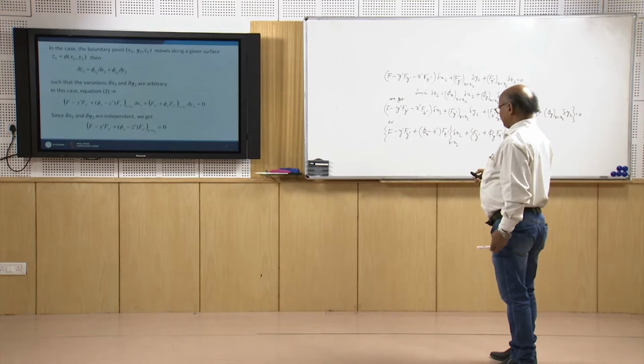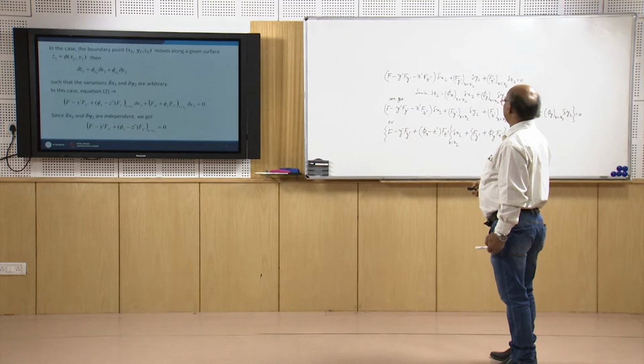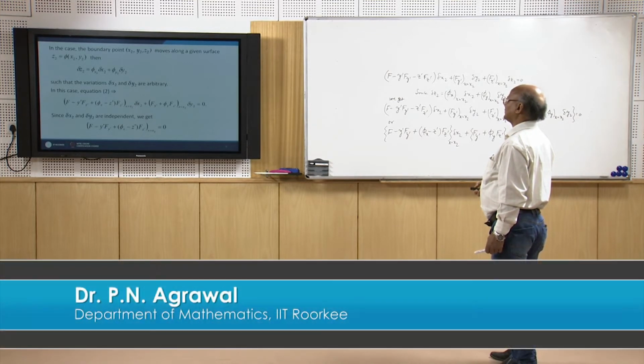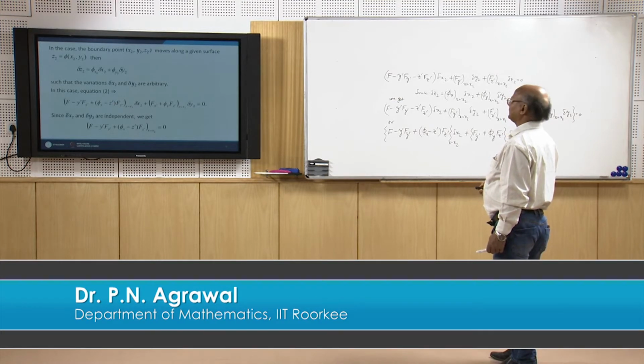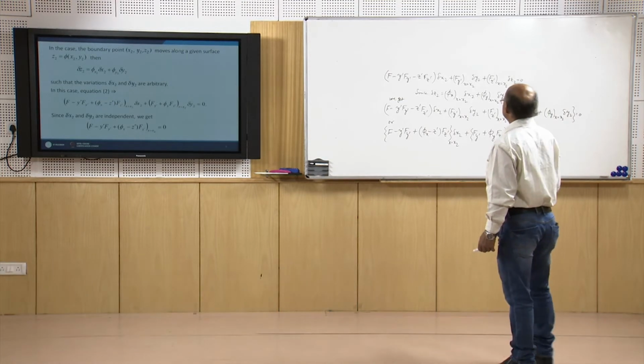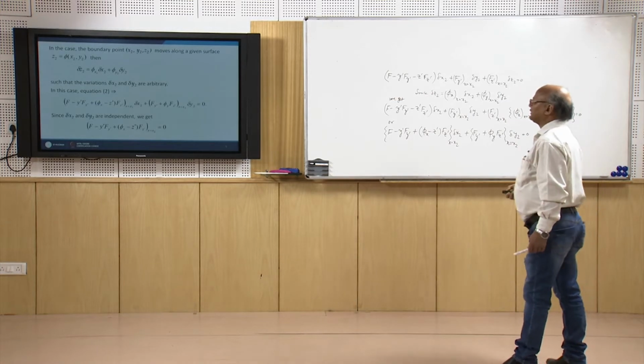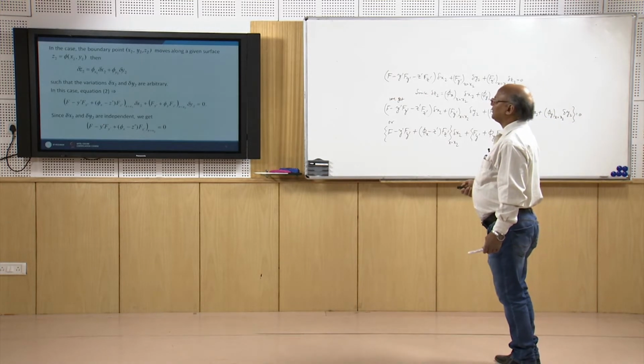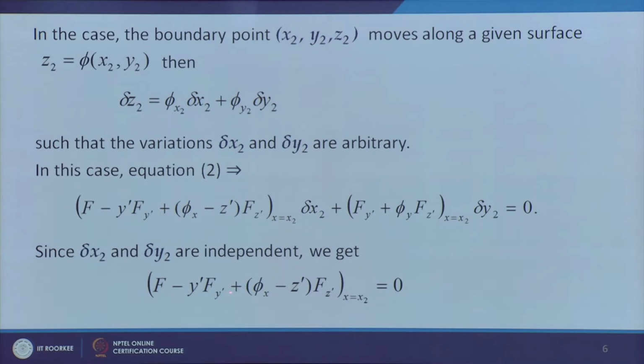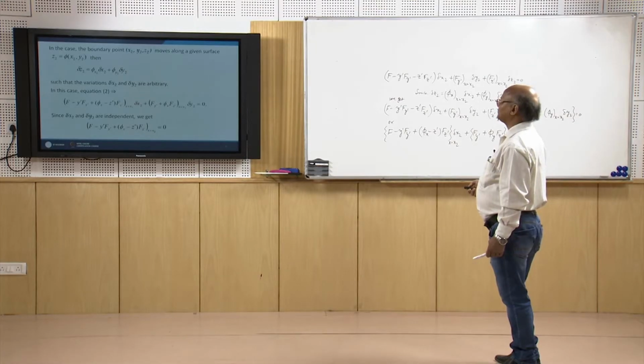So, we get f minus y dash f y dash plus phi x minus z dash f z dash at x equal to x2 delta x2 plus f y dash plus phi y f z dash at x equal to x2 delta y2 equal to 0. Now, since delta x2 and delta y2 are independent, we get f minus y dash f y dash plus phi x minus z dash f z dash at x equal to x2 is 0, and also f y dash plus phi y f z dash equal to 0.